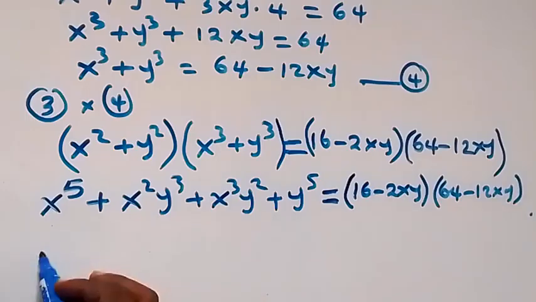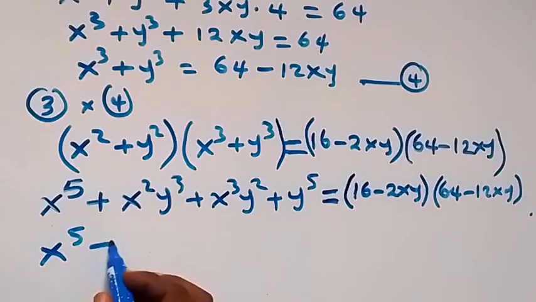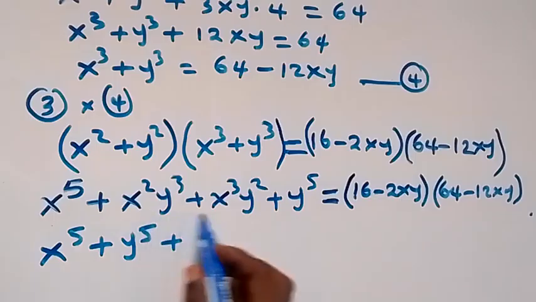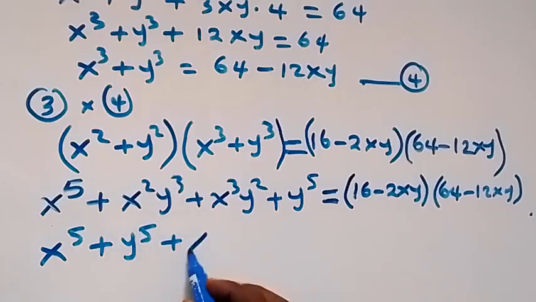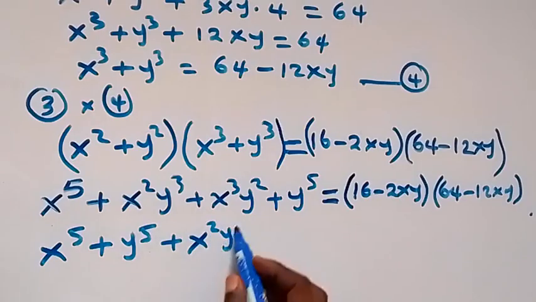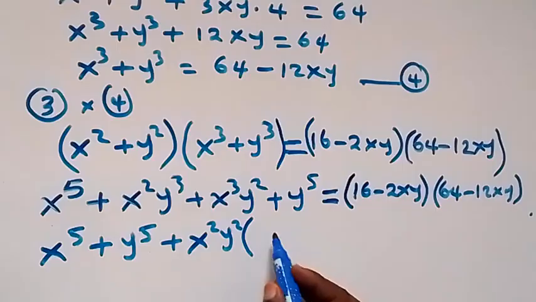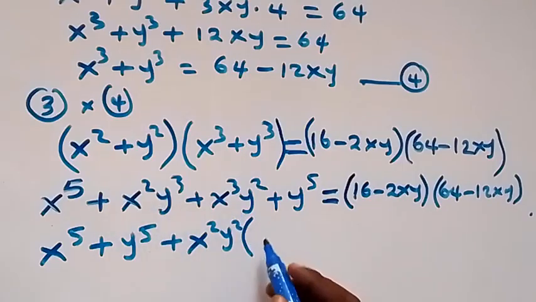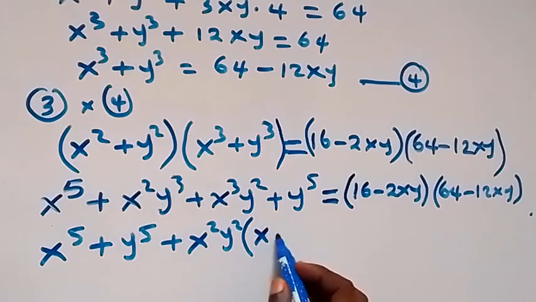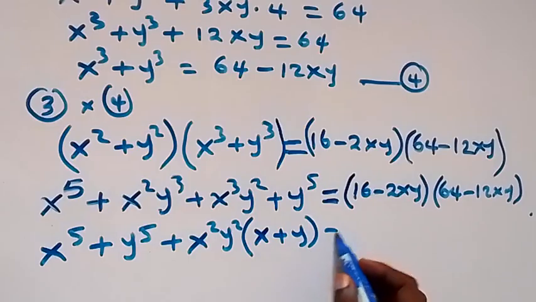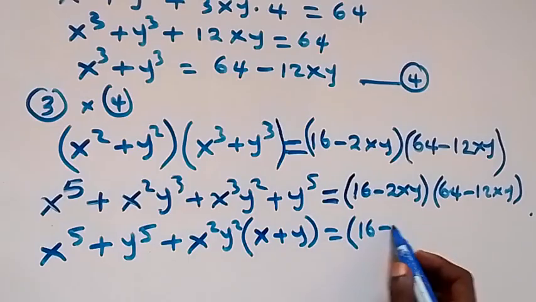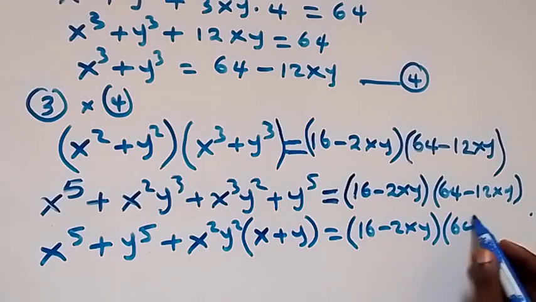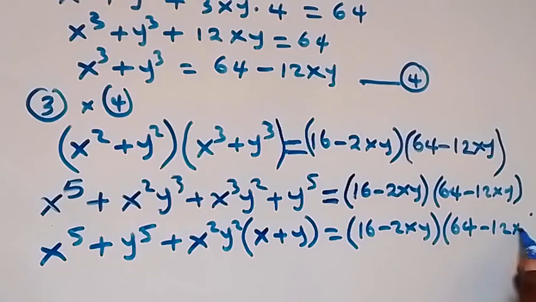Now, when we simplify here, we bring x raised to power 5 and y raised to power 5 together. Then plus, from here, x squared y squared will be common. So x squared y squared out, then into the bracket, what will be left is y here, then x here. That's the same thing as x plus y, which equals, from here, 16 minus 2xy, then 64 minus 12xy.